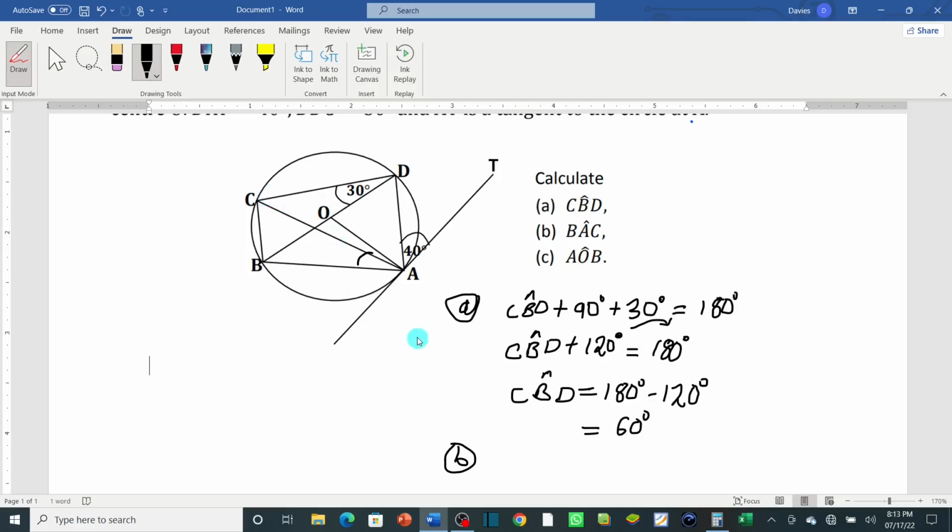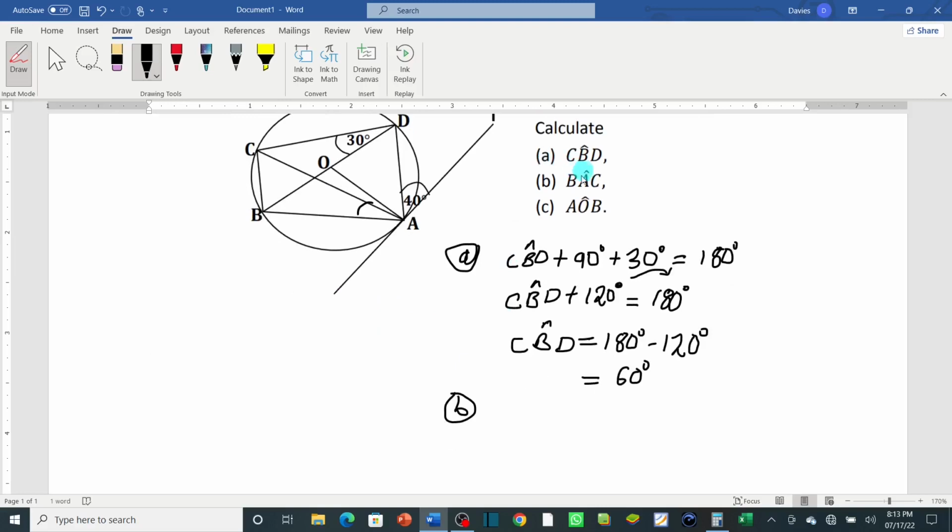So here you are not going to waste time. You are just going to say that angle BAC is equal to 30 degrees. And the reason you give is, angles subtended by the same arc are equal. Sorry, I don't have a writing pad, guys.